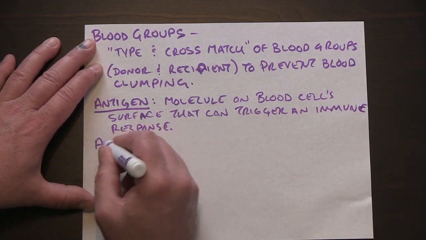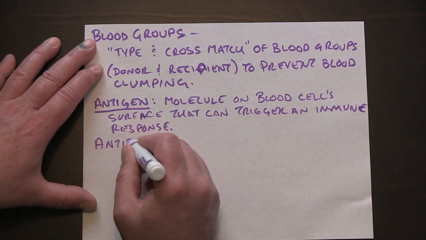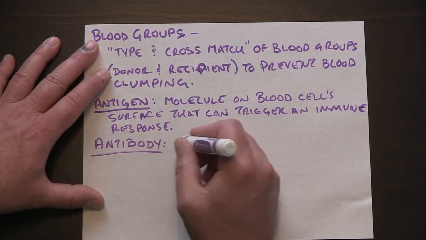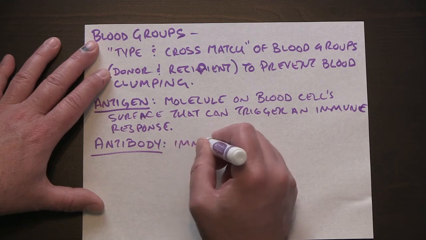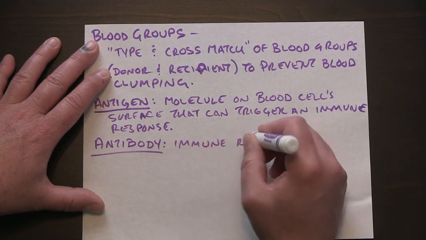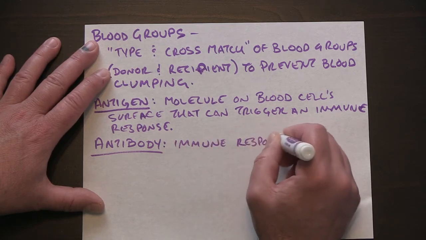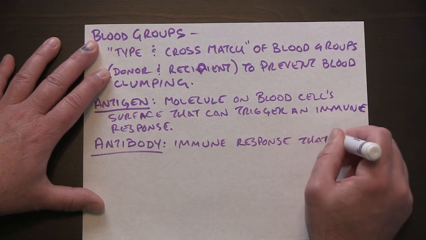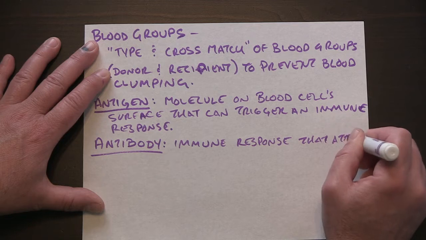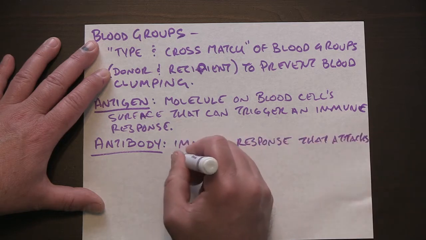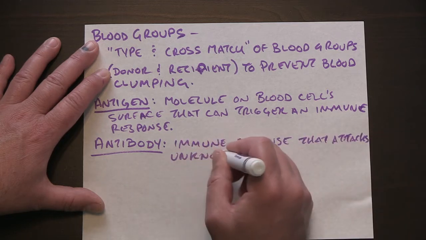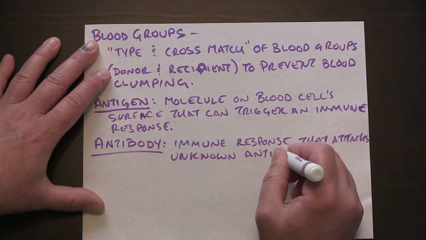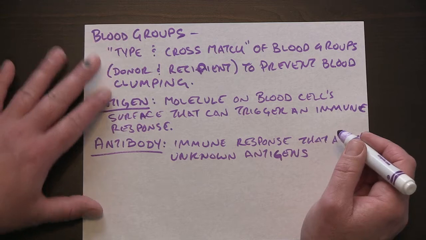And one of the ways the body does this is through the use of antibodies. And this is the immune response that basically attacks unknown antigens in the body.